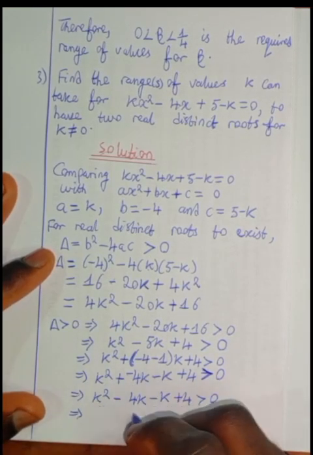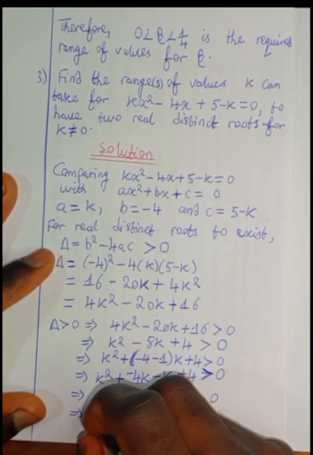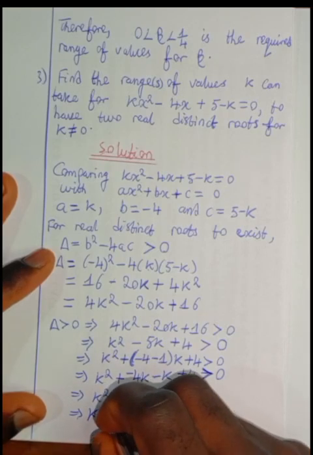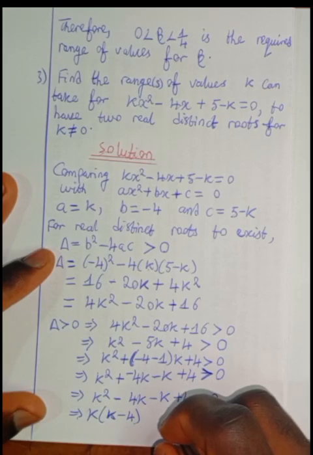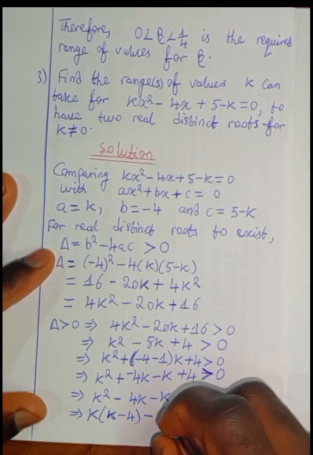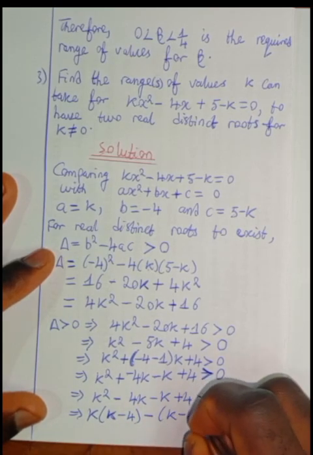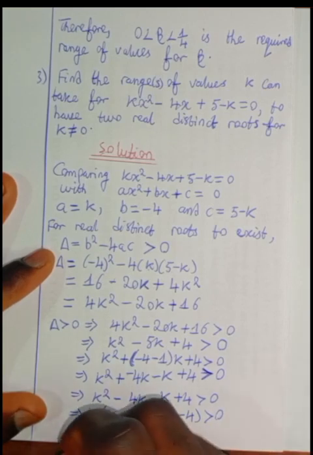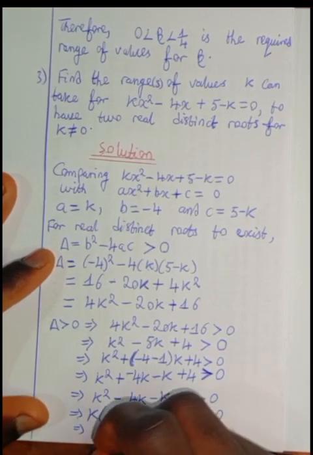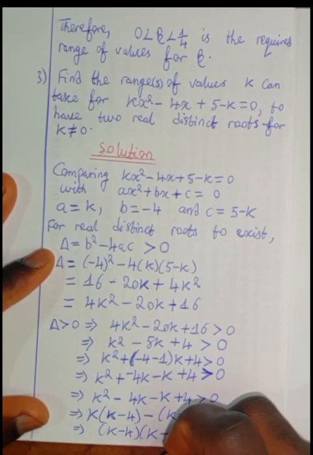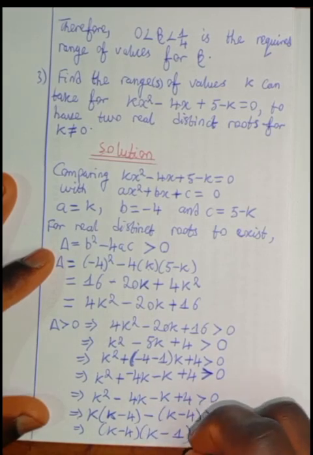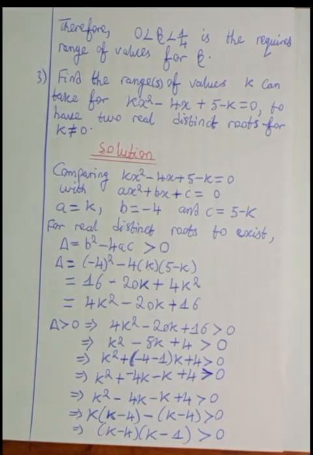Looking at these two terms, we have k common, we factor out k, times k minus 4. Looking at these other two terms, negative 1 is common, times k minus 4 is greater than 0. Then k minus 4 is common, times k minus 1 is greater than 0, which is a quadratic inequality.